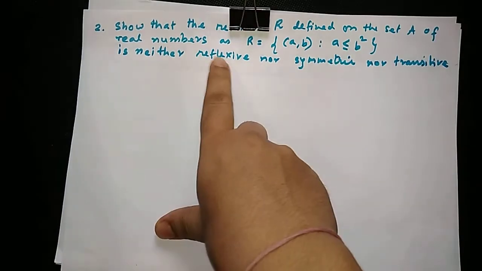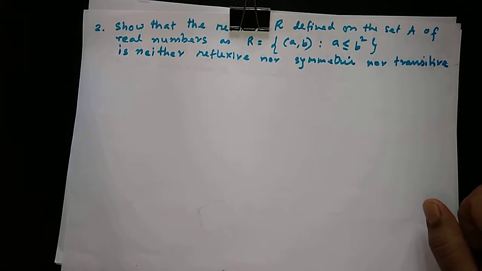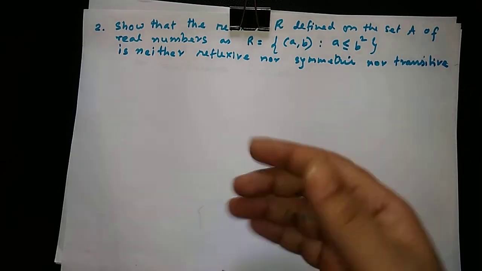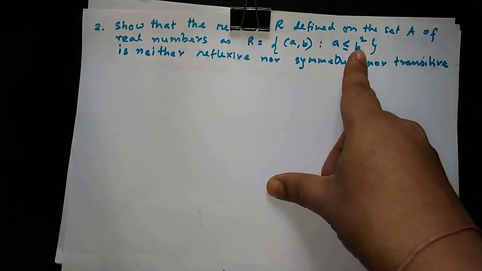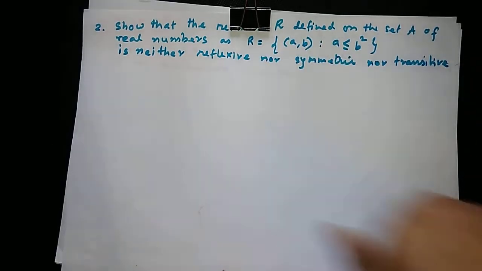Now to disprove that it is reflexive, I need to look for a real number x such that (x, x) is not a part of this relation. You can make some observation here. If x is greater than 1, like 2, 3, 4, then 2 will always be less than 4, 3 less than 9, so these numbers are part of this relation.